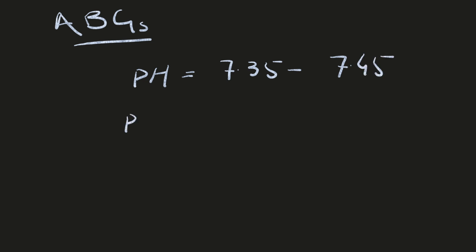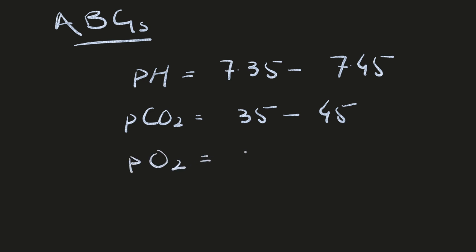Next, I want you to remember the normal value of partial pressure of carbon dioxide, PCO2, that is 35 to 45 millimeters of mercury. Then comes the partial pressure of oxygen. Well, it is from 80 to 100.